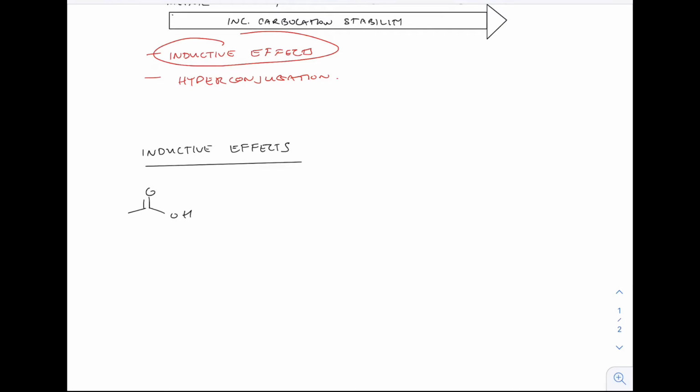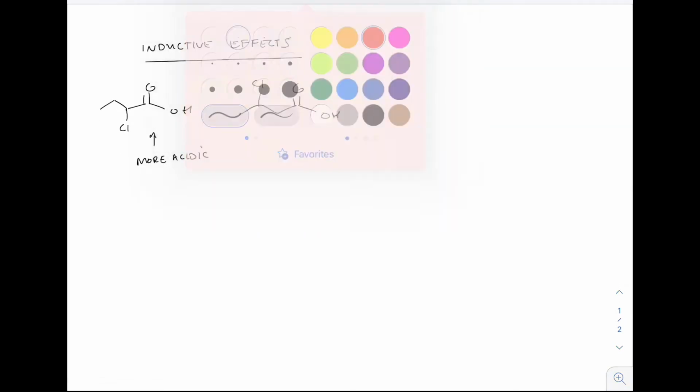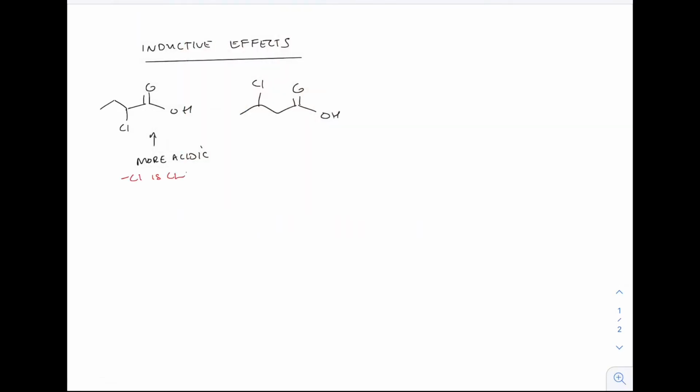So for example, let's say we have this carboxylic acid, and we've got a chlorine on the alpha carbon versus the chlorine on the beta carbon. Which one is more acidic? Well, it's the one on the left, right? And that was because that chlorine was closer to the negative oxygen, or the site where the proton leaves.